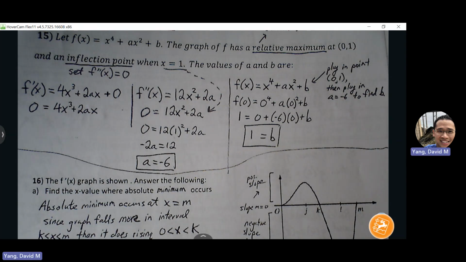What we do know is that f prime of 0 is equal to 0, but that won't help us out because everything zeroes out. It doesn't really provide us any more information.